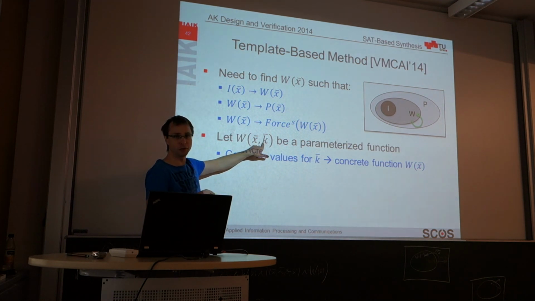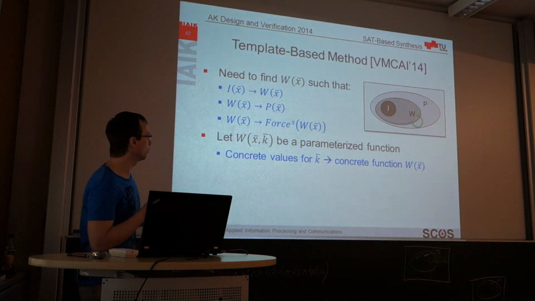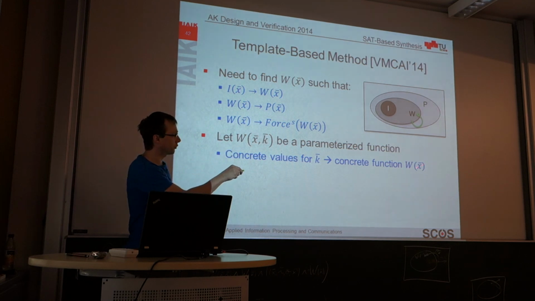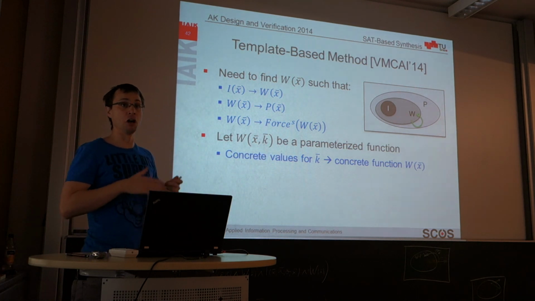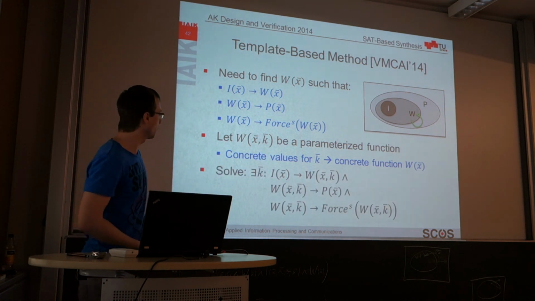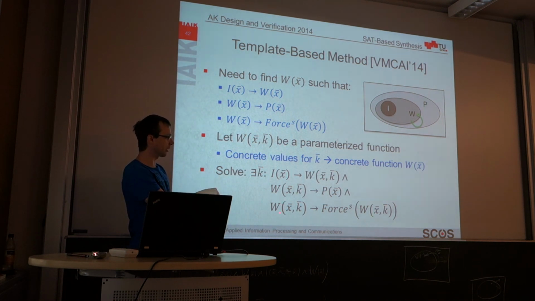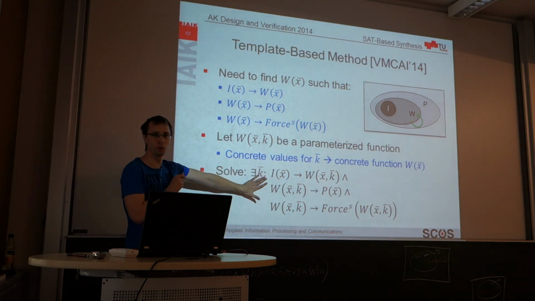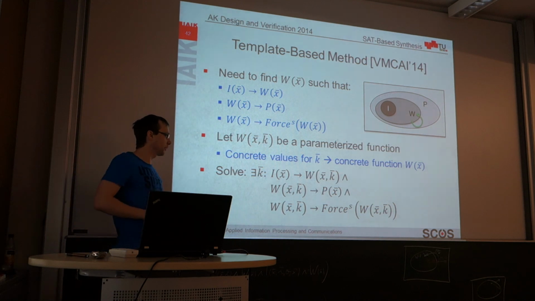If we fix different values here, then we get a different function over the state bits. This way we can reduce the search for such a function over the state bits to a search for concrete values for our parameters, basically. All we need to do now is we need to find template parameters such that our 3 desired properties here are satisfied. And this problem we can give to a QBF solver. The QBF solver can say yes or no.